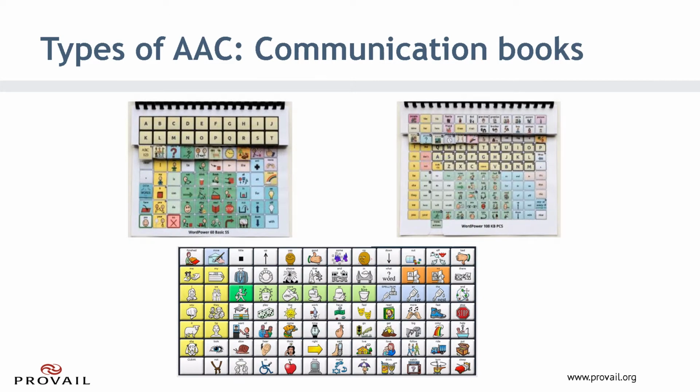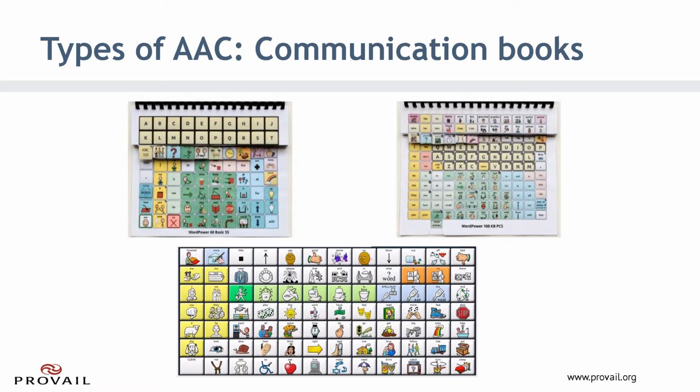Communication books use multiple pages with words and symbols. Similar to a core board, the person can use a communication book as a tool by pointing to words on the page.